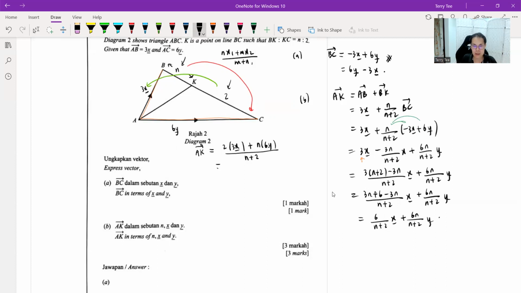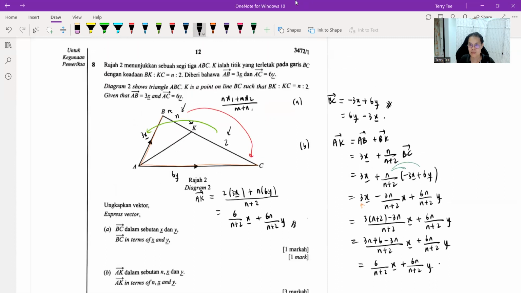Okay, so let's put them together. 2 times 3 is 6, 6 over n plus 2, for x. The second one, n times 6, is 6n over n plus 2, for y. Oh my, this is so easy. Yeah, short and simple.